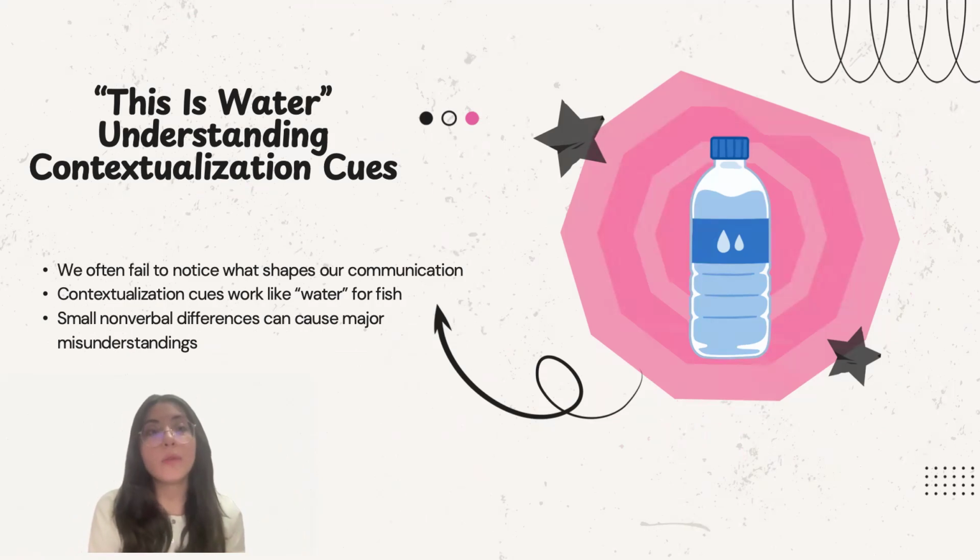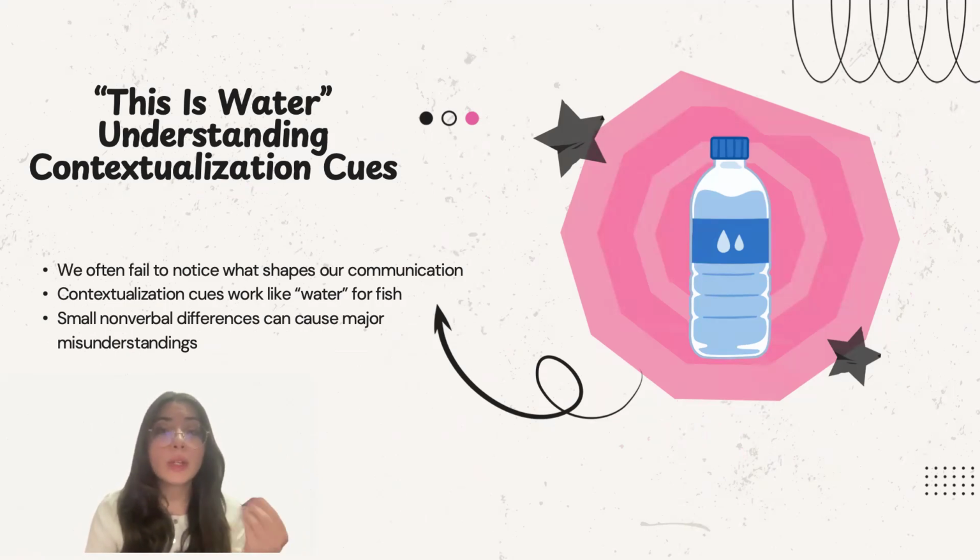In his 2005 commencement speech, This Is Water, David Foster Wallace uses a simple parable about fish who don't know what water is. This story illustrates how easily we overlook the environments and habits that constantly surround and support us.